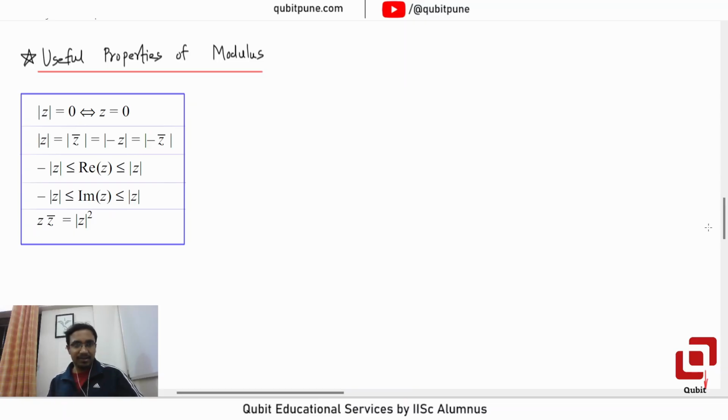Okay, let's consider the third and try to find out examples where the equality holds. Can anyone tell me any complex number where negative of mod z is equal to real part of z? Minus 1.